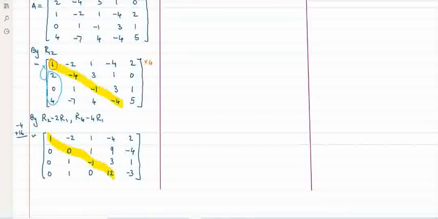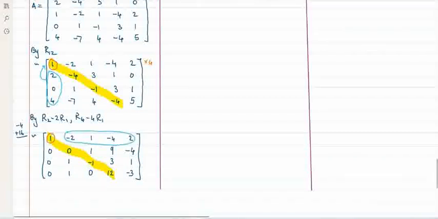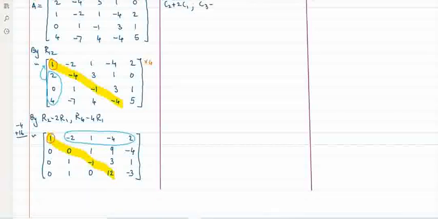Now, after getting the elements which are below A11 to 0, you have to reduce the elements which are on the right side, these elements. So the transformations are: C2 plus 2C1, C3 minus C1, C4 plus 4C1, C5 minus 2C1.